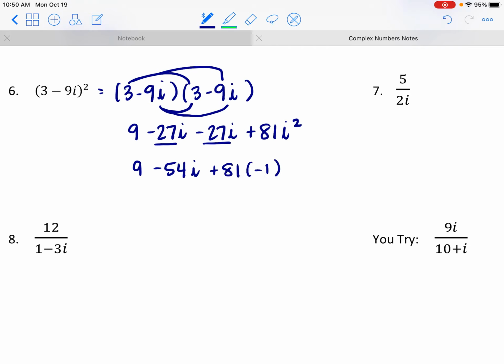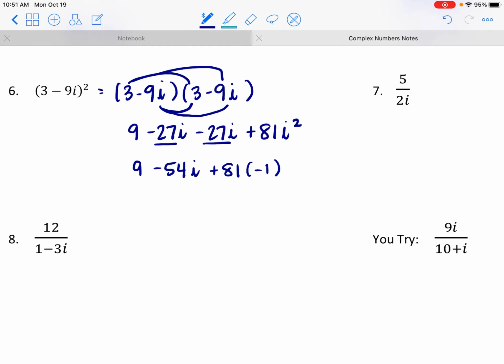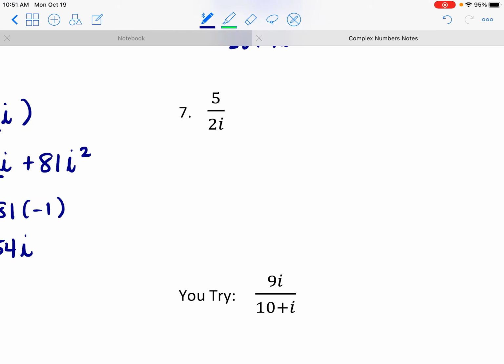So 81 times negative 1 makes that a negative 81, and when I combine that negative 81 and that positive 9, I get a negative 72. So I'm going to have a negative 72 and then my negative 54i, and that would be my complex number result.